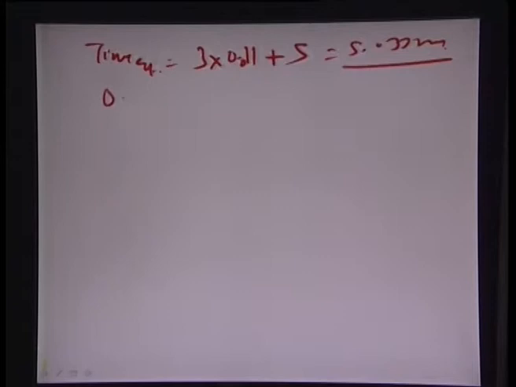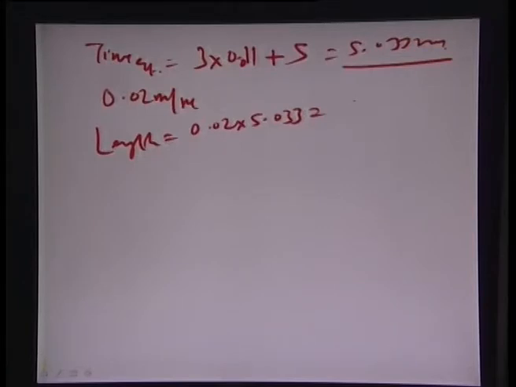At the velocity of 0.02 meters per second, the total channel length that it would need to be in this extension zone is 0.02 times 5.033, which is essentially what the total extension length would be. So this is about 100 mm.